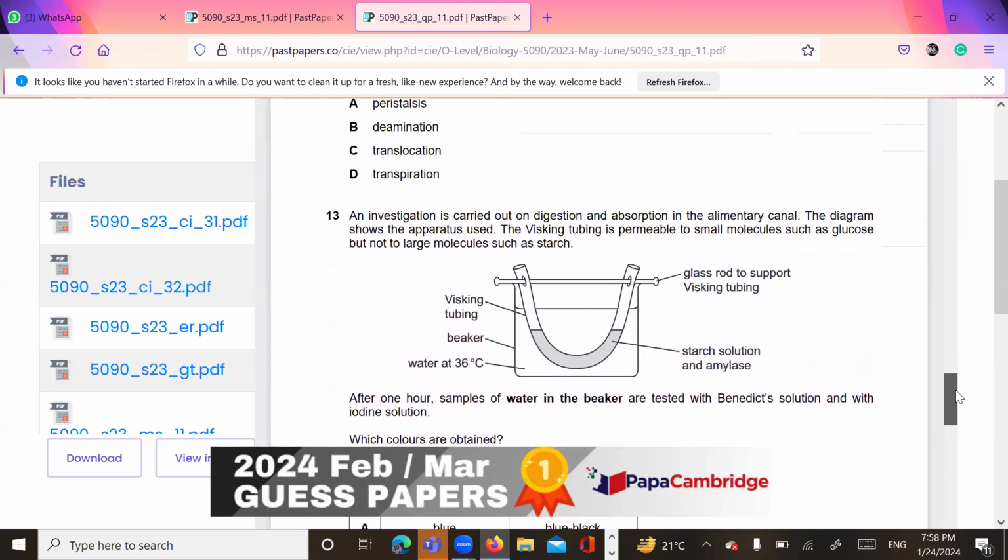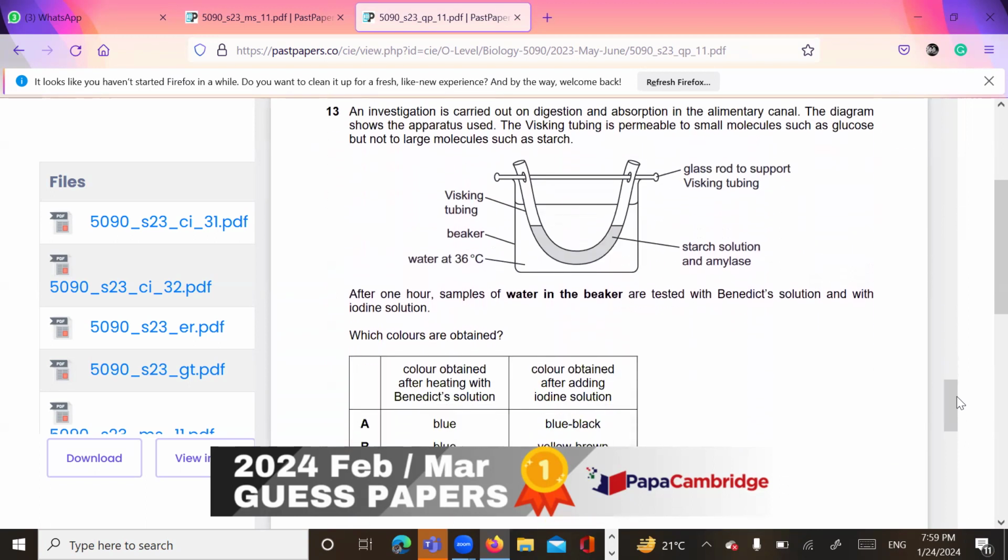Okay. So an investigation is carried out on digestion and absorption in the alimentary canal. The diagram shows the apparatus used. The Visking tube is permeable to small molecules such as glucose, but not to large molecules such as starch.